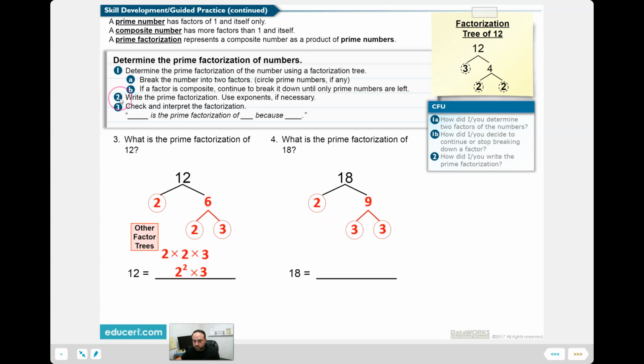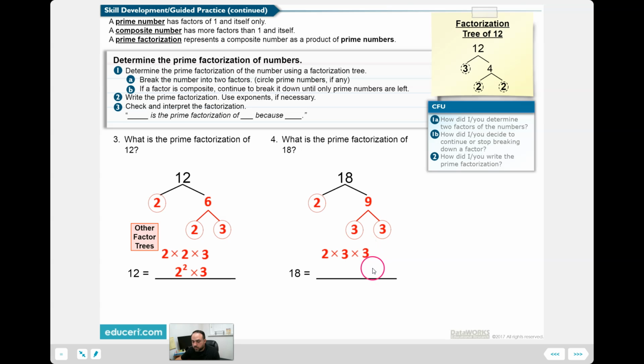Read step 2. Ready, read. I'll give you a moment to write the prime factorization. Remember, use exponents if necessary. The written prime factorization of 18 will use the prime number endpoints 2 times 3 times 3.